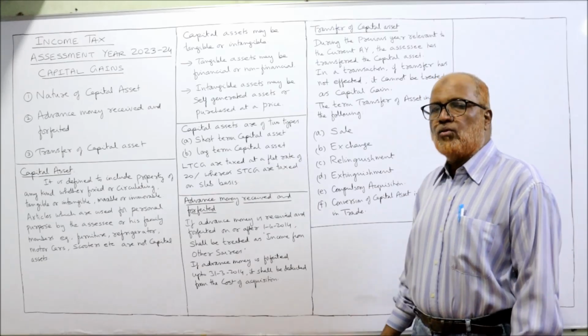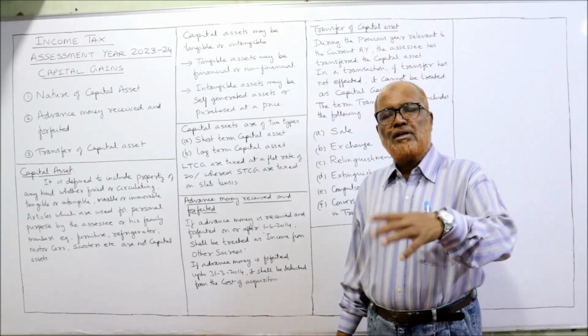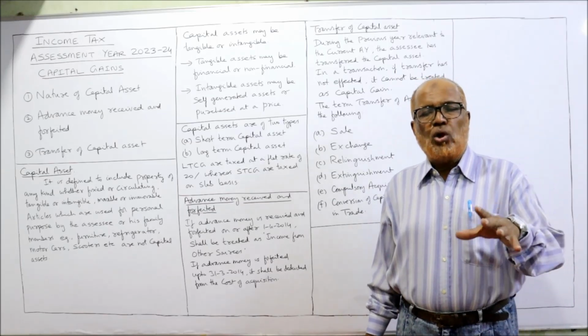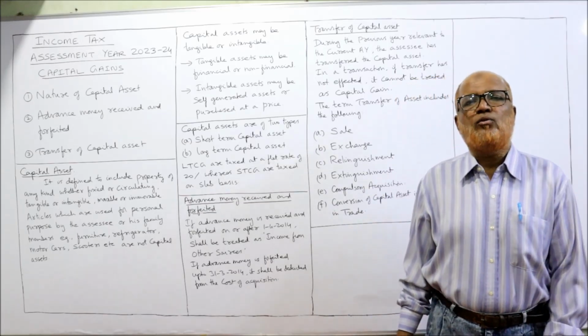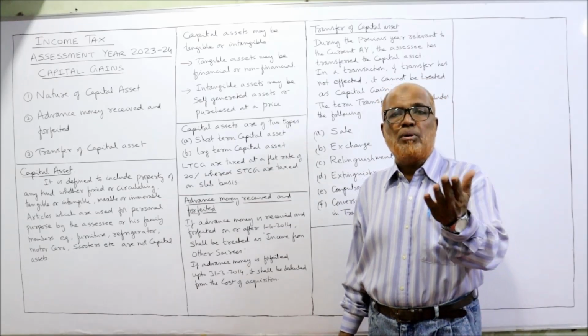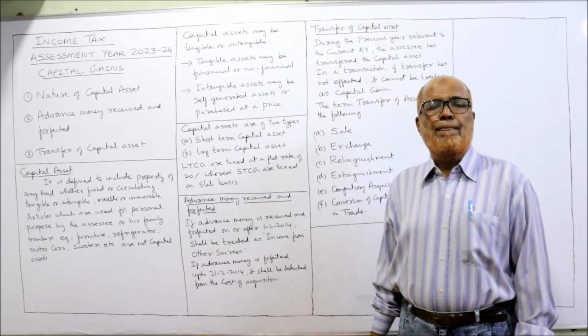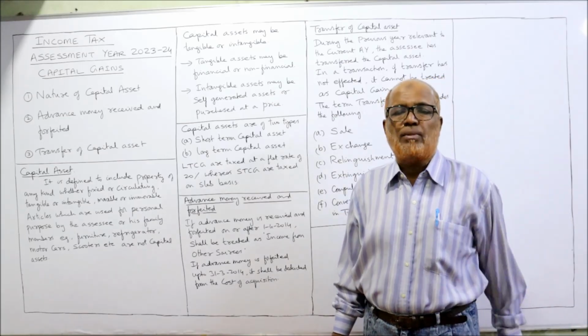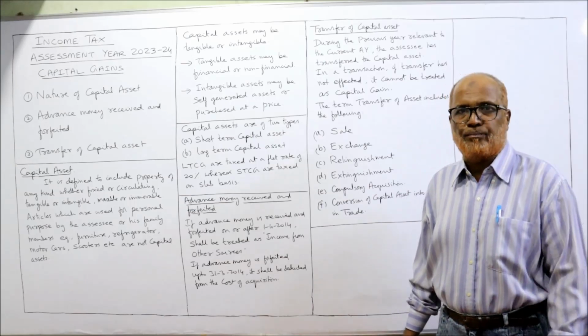Next, capital assets give rise to two types of gain: short-term capital gain and long-term capital gain. The long-term capital gain is normally taxed at a flat rate of 20%, but under special circumstances the tax rate may be 15% or 10%. Short-term capital gain is taxed at the slab rate along with other heads of income.